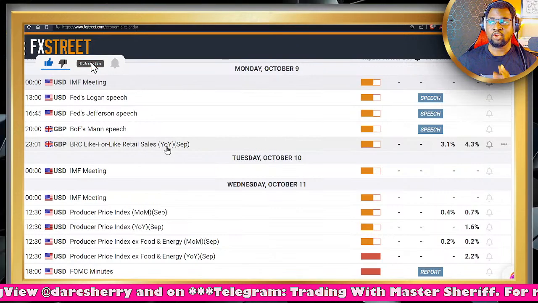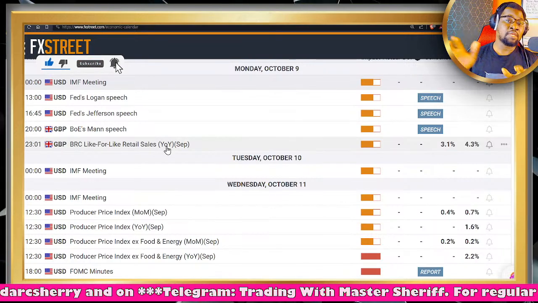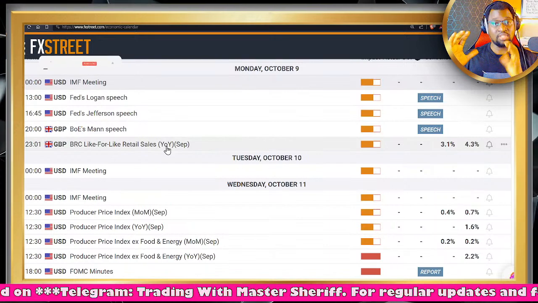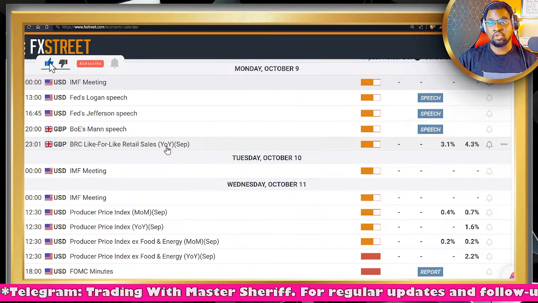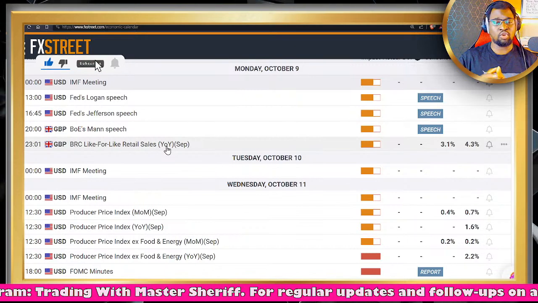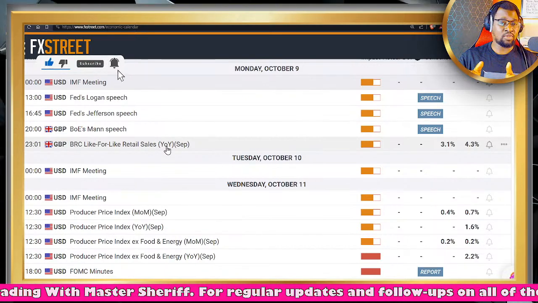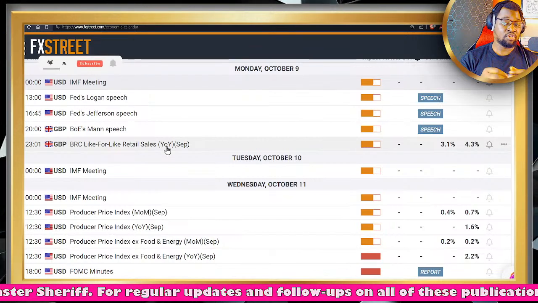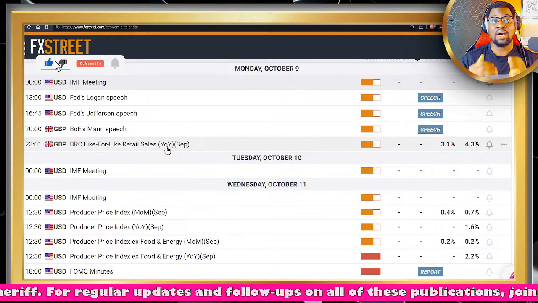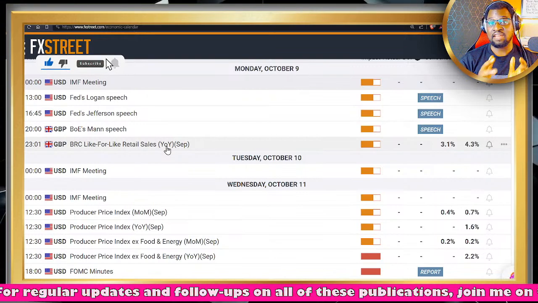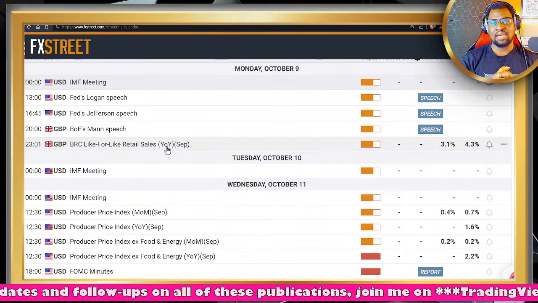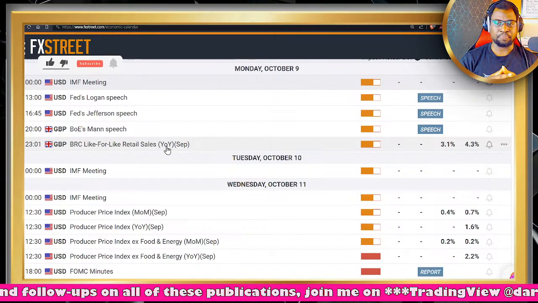What the economists are expecting here is quite below the previous data, which gives us an insight into the potential of a contraction in that sector. So we are still going to be looking forward to what the actual data will be. And we know that the anticipation of this event alone also has a tendency of influencing market sentiment, which will reflect on the chart as price action.